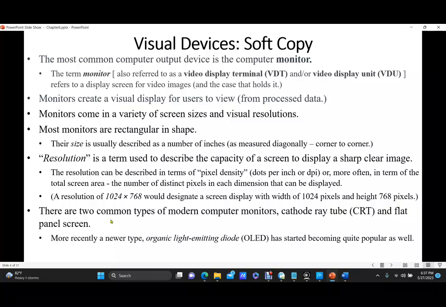There are two common types of computer monitors: cathode ray tube and flat panel. More recently, organic light emitting diode, OLED, started to become quite popular as well.